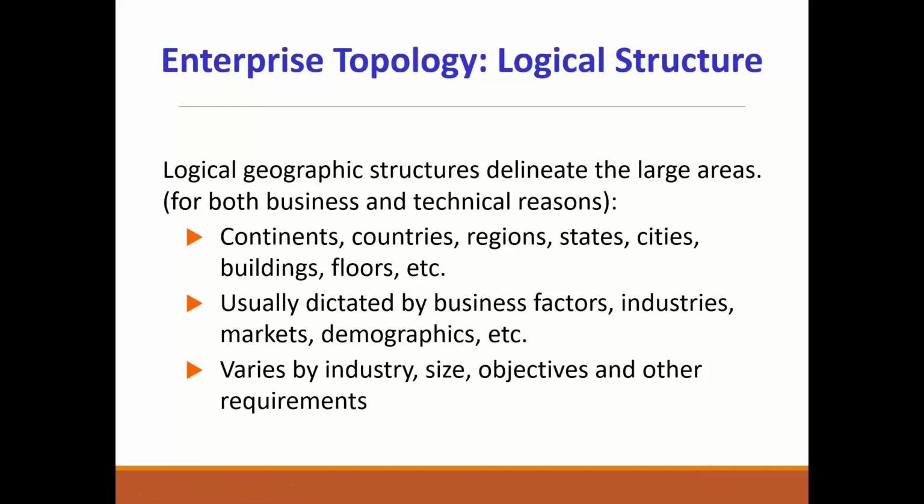So what we do is we take these large structures that we are and we try to break them down logically, and we might break them down into continents or countries or buildings or this or that, or sometimes it's divisions or subsidiaries. And these are all dictated by business factors, and it depends on the industries that we're in, the markets that we're serving, demographics, etc. All this business stuff that us techies don't really understand anyway. And this varies by the industry that we're in and how big we are and objectives or what's hot on a given day. And next slide, please.